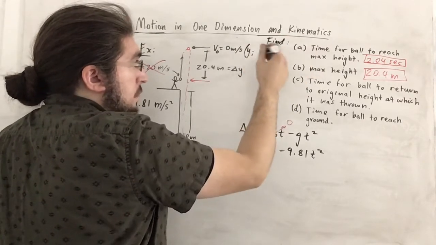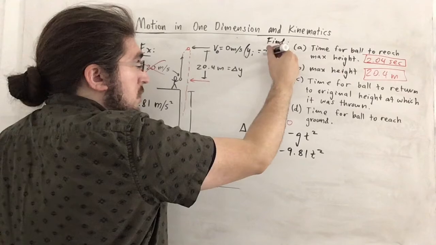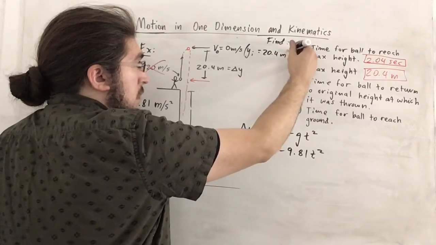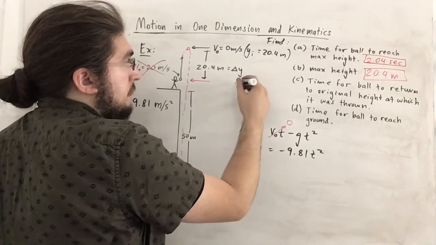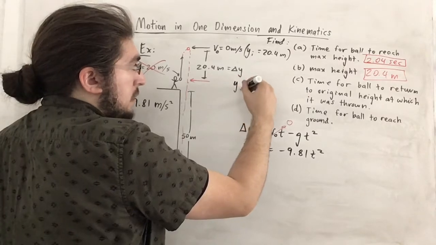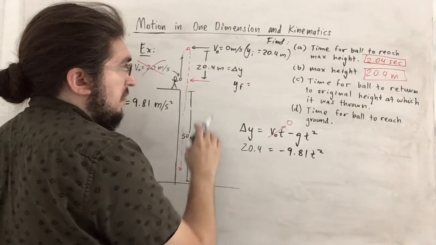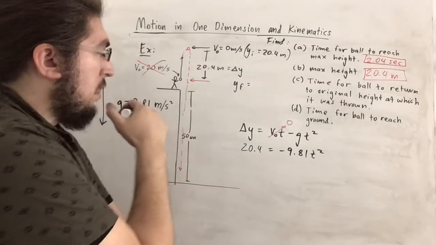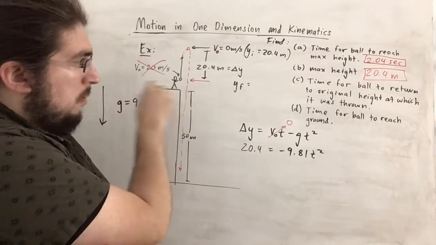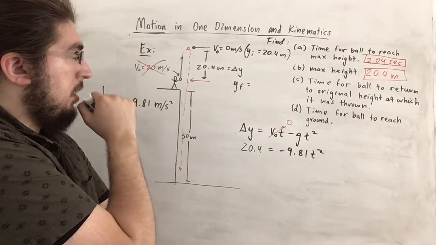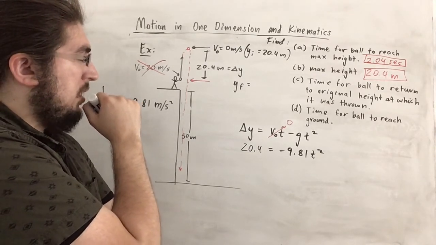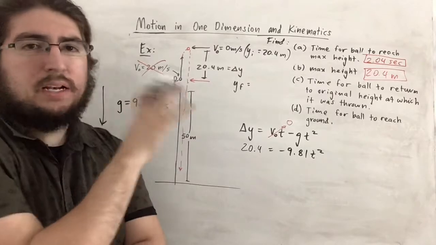So our initial height is 20.4 meters. And here, our final height would be, well, I guess it'd be 50 meters, but if we want to call it 0, to get back to the original 0 height, I guess we can do that. You know, it's fine. Let's think of it like this.